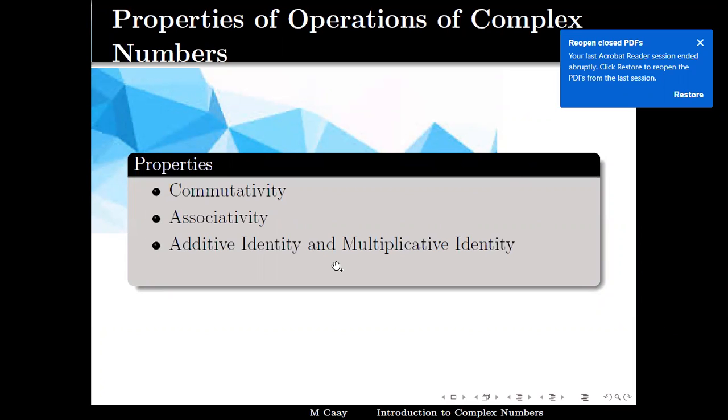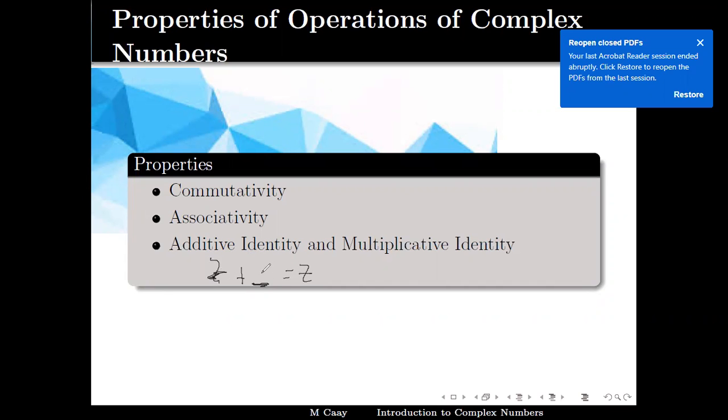Another is the additive identity. When we say the additive identity, it's the existence of an identity such that, let's focus first on the additive identity. Given that you have a complex number z, there exists another complex number such that if you get the sum, you'll just get z.